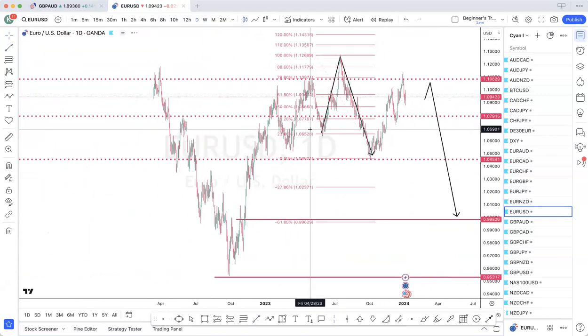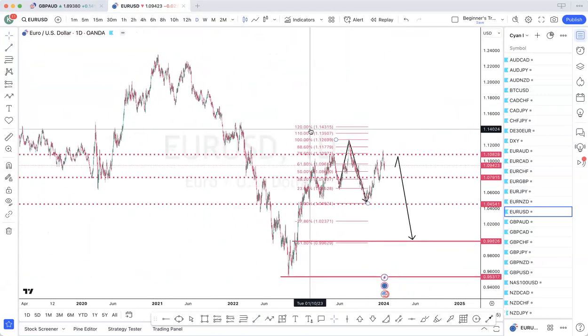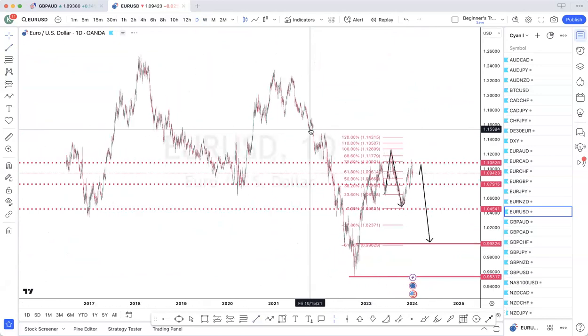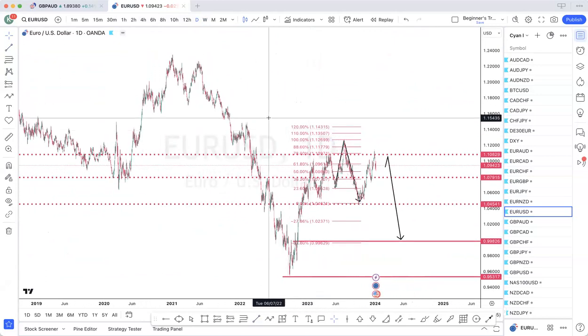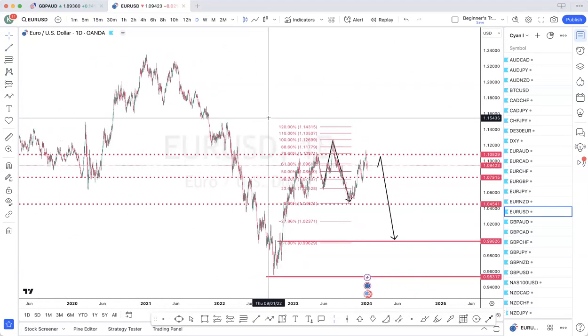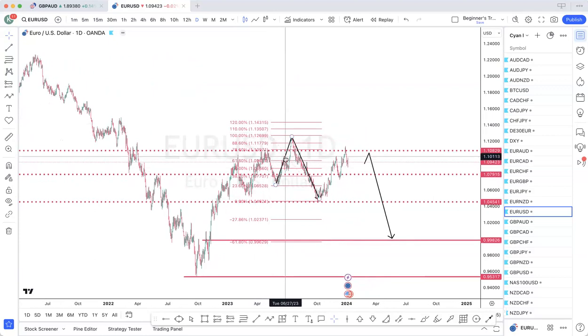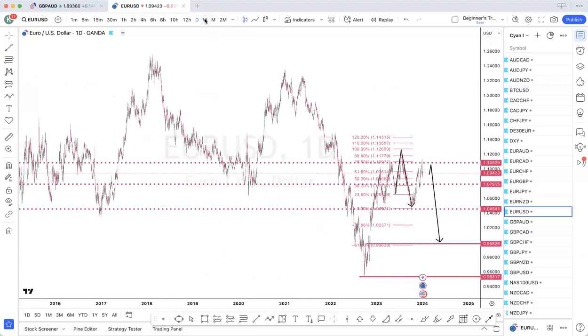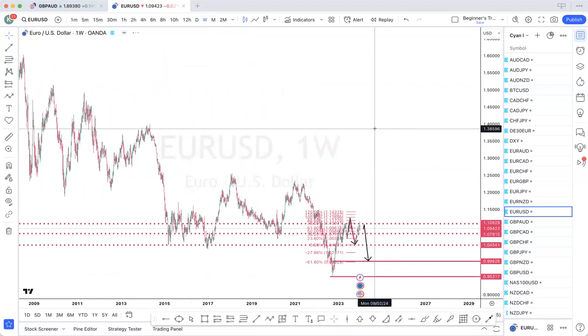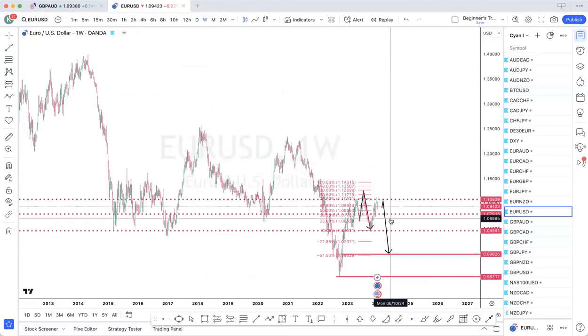So that's why you have to, like literally how we're just analyzing this, that's how you have to sit and analyze. You got to look at the big picture in order to then go down to the small picture.